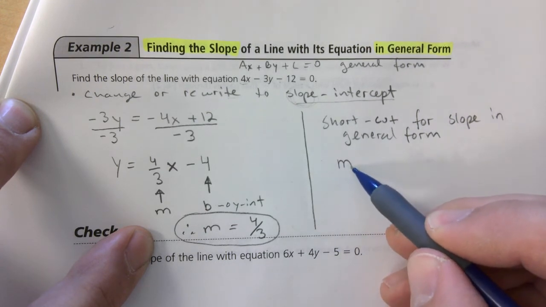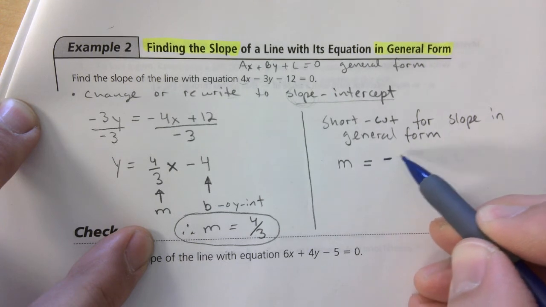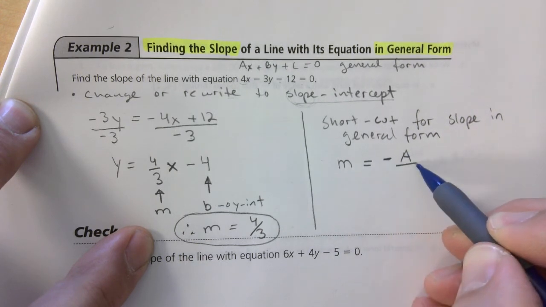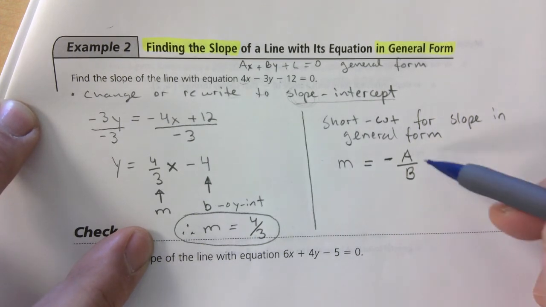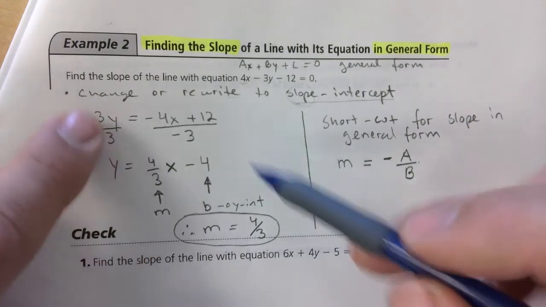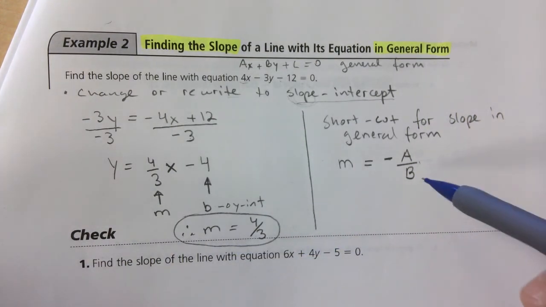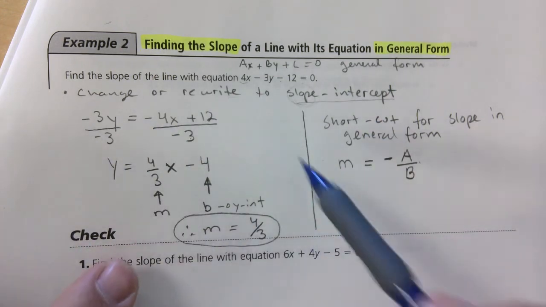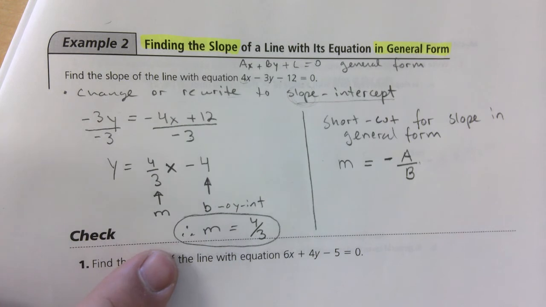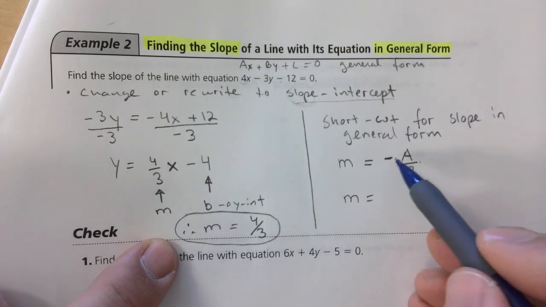You will take m, and you will say slope is equal to negative a divided by b. That's how you come up with it quickly without having to do this. If it's only asking you for the slope, you can quickly do it this way. But if you forget, this is a fail-safe method of getting there. So let's try this. We should get 4/3.